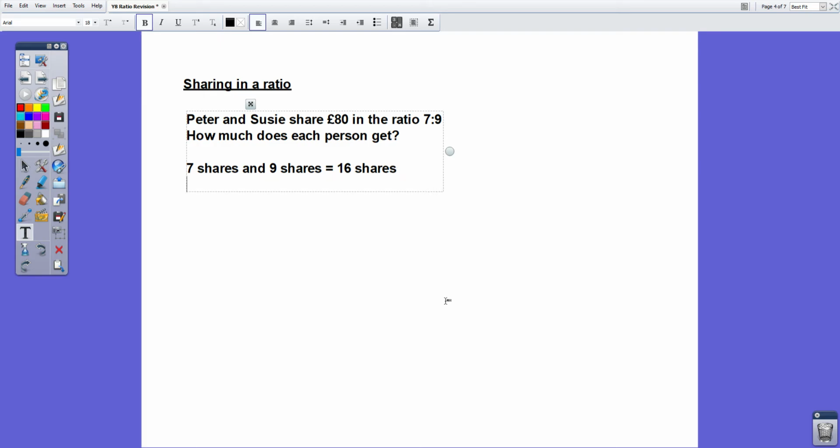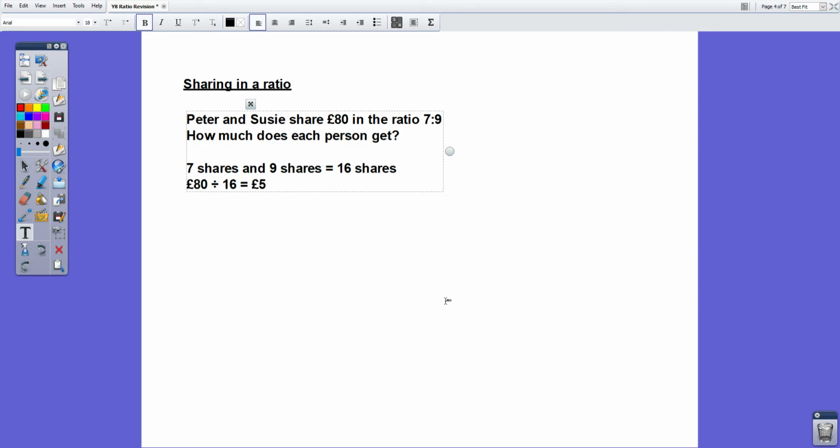So how much will one of those shares be? Remember, Peter's getting 7 of them, Susie's getting 9 of them, so we need to know how much one of those shares actually is. To find out one share, we take the £80 and divide that by 16, and we get the answer £5.